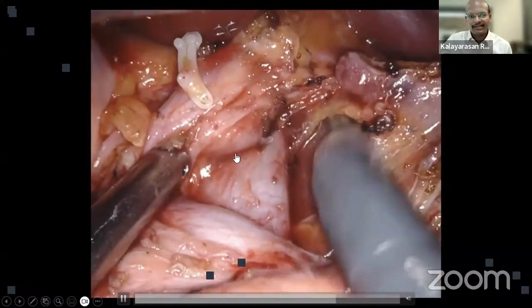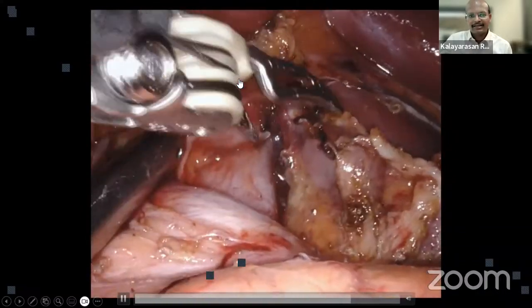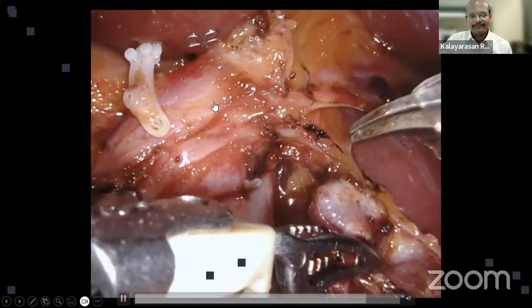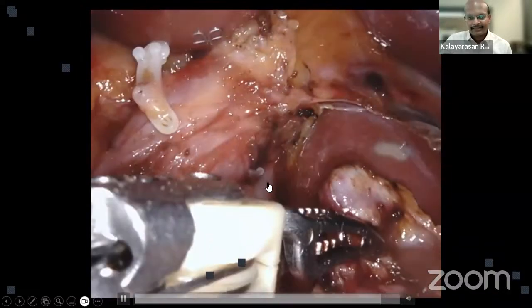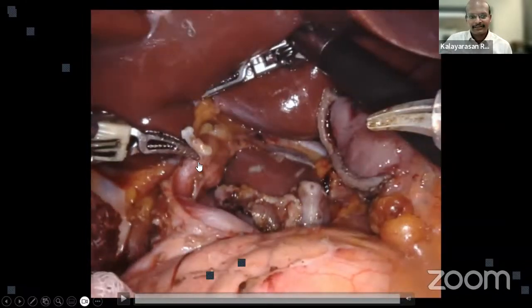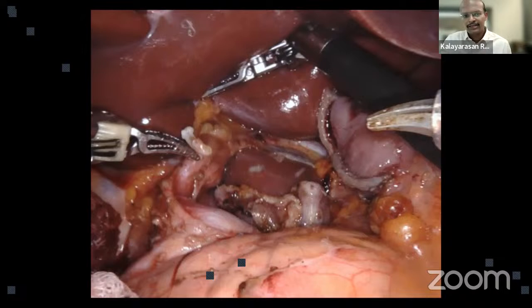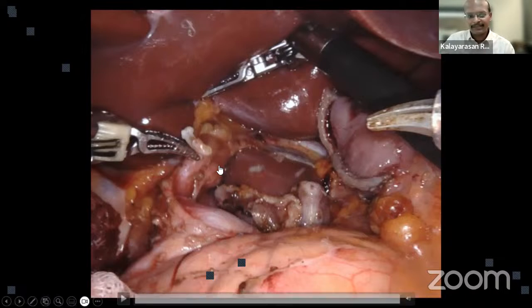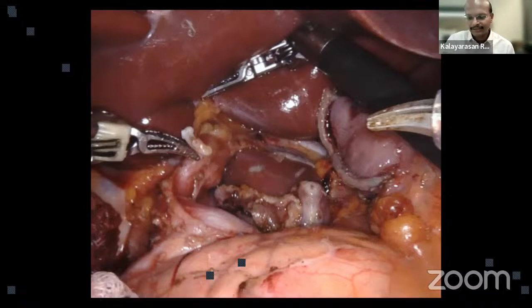For station 12A, you have to expose the hepatic artery and then take the lymph node on the left side of the portal vein. Now you can see here, this is the hepatic artery and the left side of the portal vein is cleared, and this lymph node is actually the station 12A. Obviously, we don't do all these lymph nodes separately, but we take them en bloc, but you need to have a landmark for each station to ensure that that particular station is cleared completely.